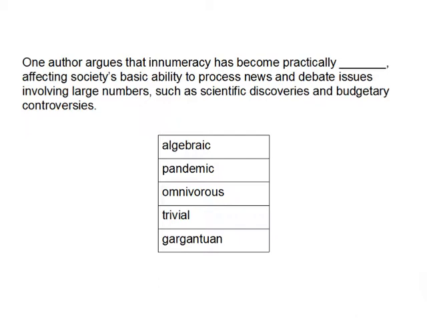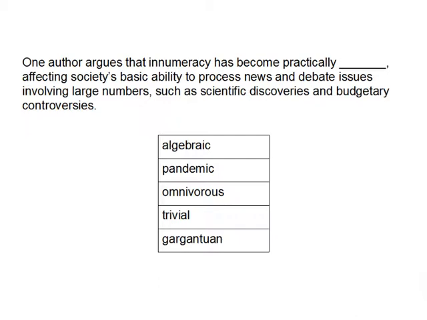One author argues that innumeracy has become practically blank. Okay, so this gives us no clue whatsoever, where the clue must follow the comma: affecting society's basic ability to process news and debate issues involving large numbers, such as scientific discoveries and budgetary controversy. So, what we really have here is affecting society's basic ability. And so, if we have something that's affecting all of society, what is one way of describing what it has become?